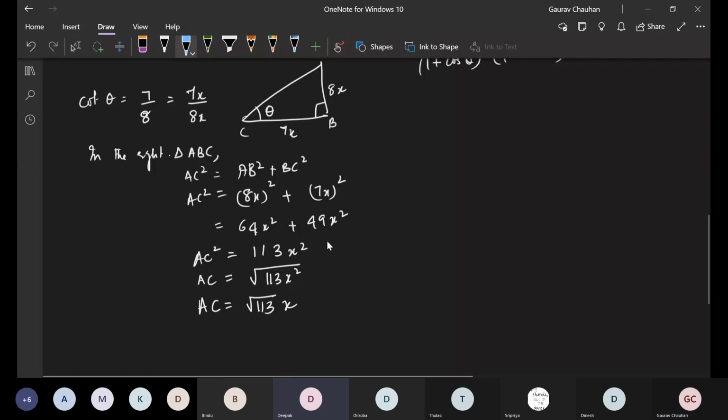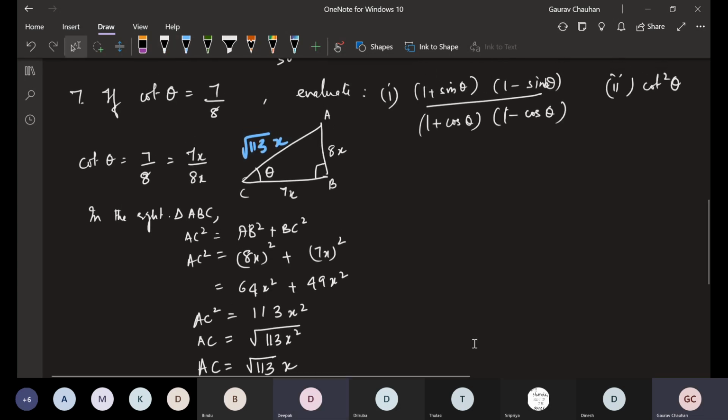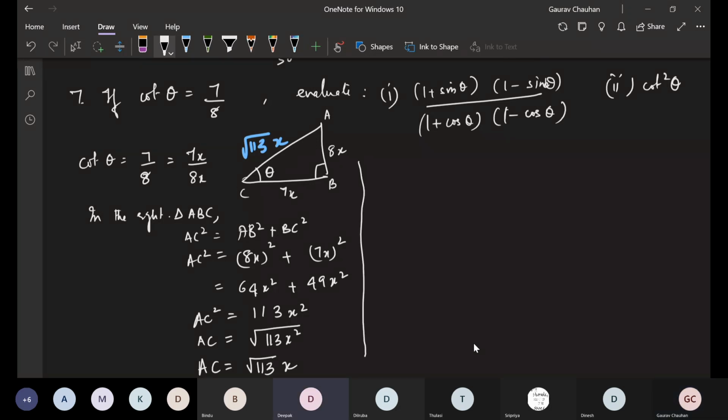Then we'll solve the first question, sir. Okay, go ahead. Before solving the first question, you need something, right? We have to find sine theta and cos theta, sir. Tell me what sine theta will be. Sine theta is opposite side by hypotenuse, sir.